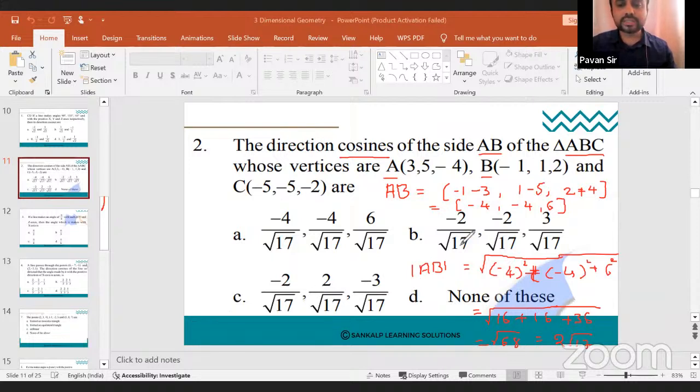So what about the direction ratios now? Use 2 root 17 with respect to l, m, n. Here the l, m, n we already got.